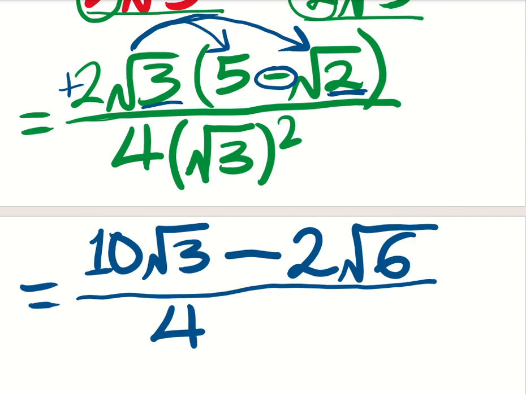Okay, guys, another important thing that you need to note, whenever you have a square root like this, and the square root is raised to an exponent of 2, what you need to know is that an exponent of 2, which is a squared, will automatically cancel out the square root.